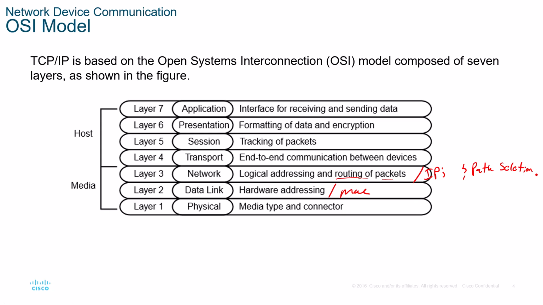Routing of packets is that path selection component. Layer 4 is end-to-end communication. Layer 5 is the tracking of that end-to-end communication, specifically tracking of packets. Then we have Layer 6, the formatting of data and encryption, and Layer 7, the application. That's going to be the interface, receiving and sending the data, more based on the application.